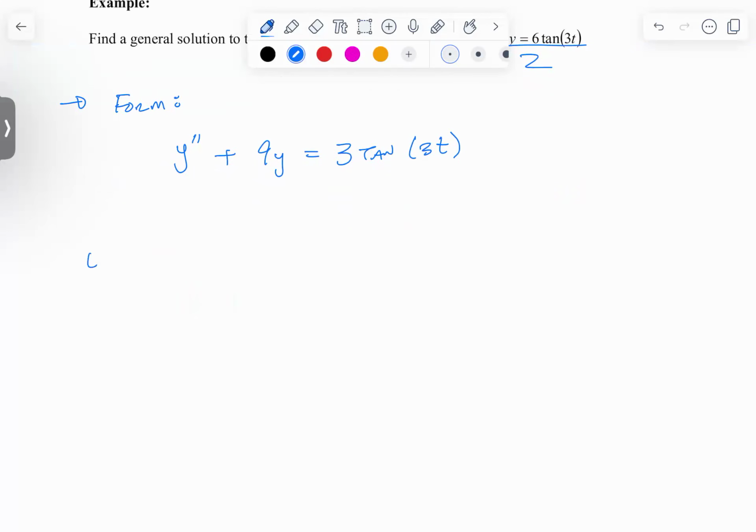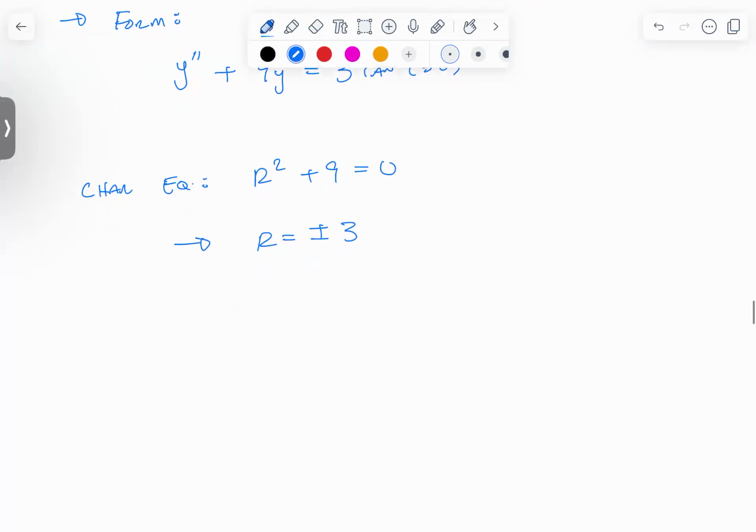All right, now I have that, I can solve my characteristic equation and get the complementary solution.